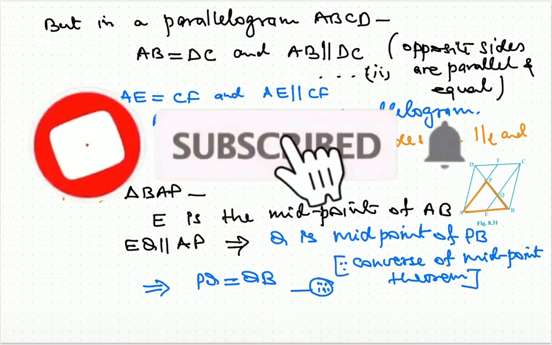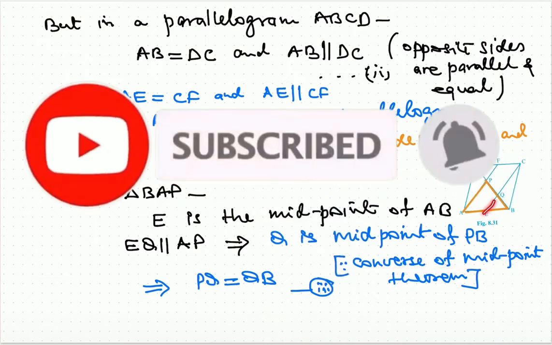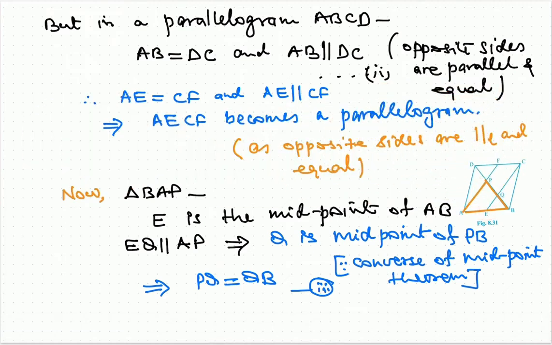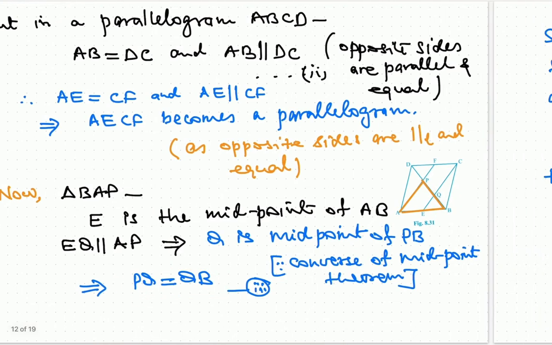Therefore, we can say that PQ is equal to QB. This is equation number 3.